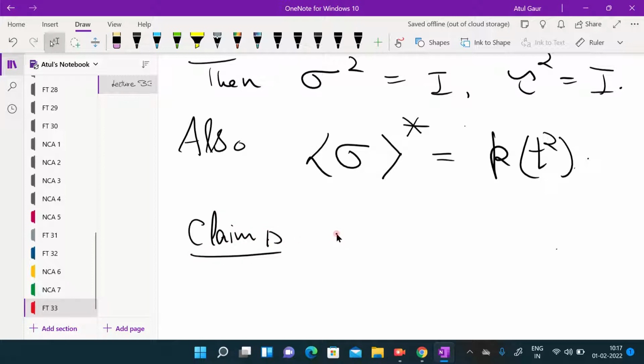So now we want to see that the fixed field corresponding to the group generated by tau is K(t(1 minus t)).